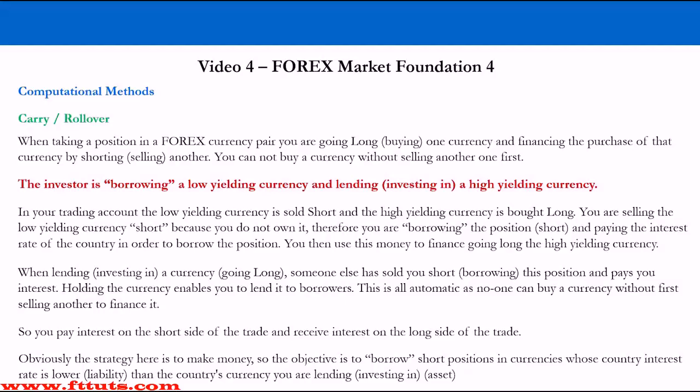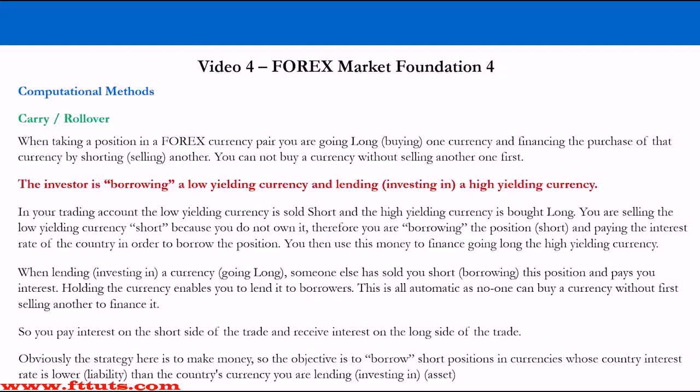When you actually take a position in a Forex pair, what you're actually doing is you're going long one currency and you're financing the purchase of that currency by selling or shorting another. And we've been through this earlier. You can't buy a currency without selling another one first. It's automatic.